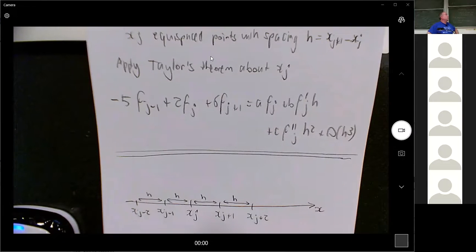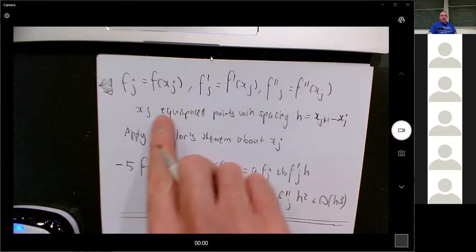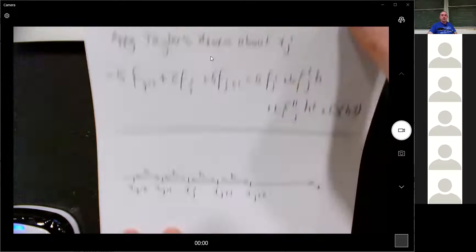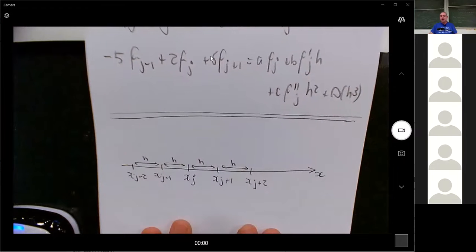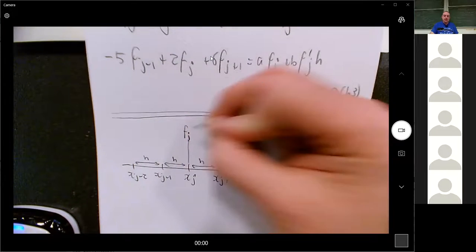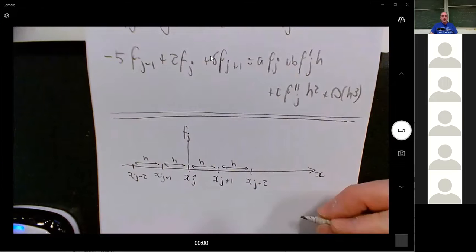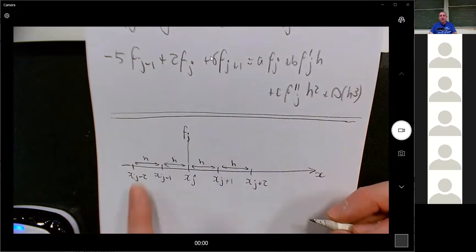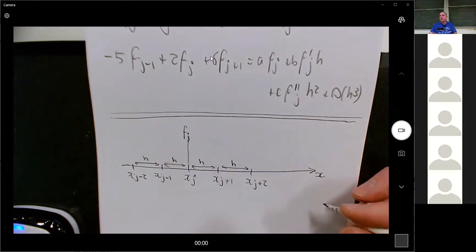That's what we've been told. That's what it means to say the xj are equispaced points with spacing h. So this is the first picture in my head. And what we know is that the function value at this point is called fj. And the derivative at this point is called fj dashed. And we don't know what the function does at any other points other than these points. That's the idea that we've got. All we have is a list of x's and y's, or f's.